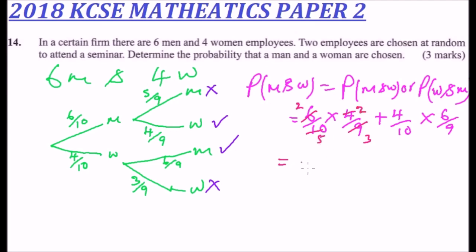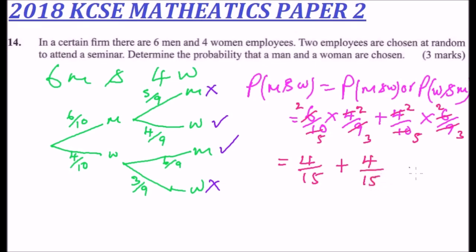So the first one is 4 over 15, plus this other one we can simplify, by 3 is 3, by 3 is 2, by 2 is 5, by 2 is 2. So even this one is giving us 4 over 15.